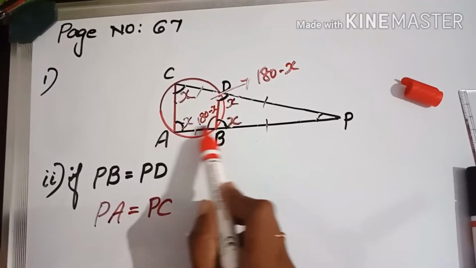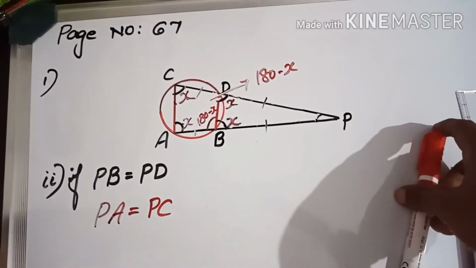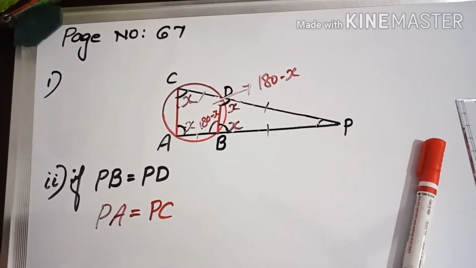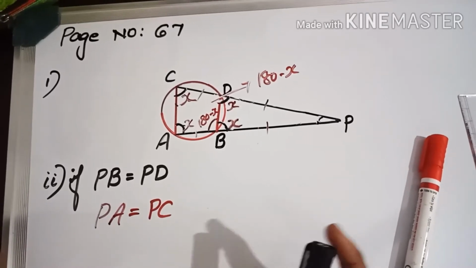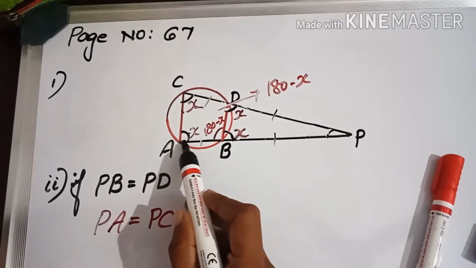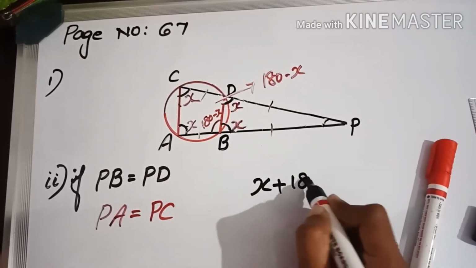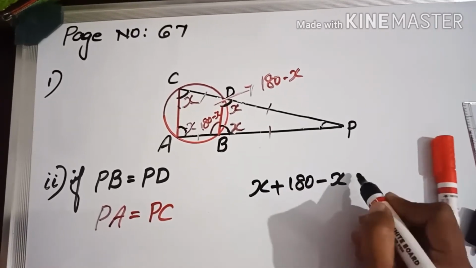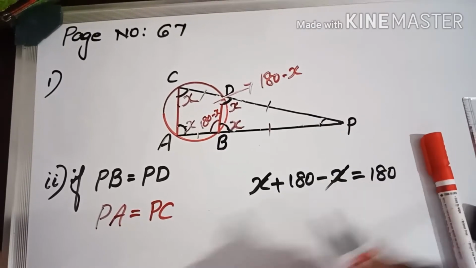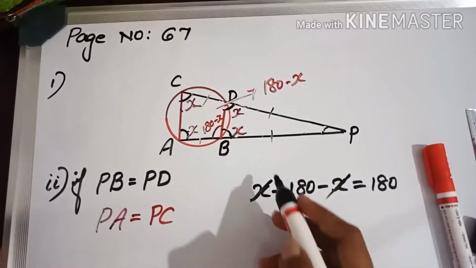Now consider the angles on the same side. For an isosceles trapezium, the sum of the angles on the same side must be 180 degrees. So the same side angles are angle A and angle B: x plus 180 minus x. The x and x cancel, so the answer is 180 degrees. For the next side also, x and 180 minus x, we get the same answer.